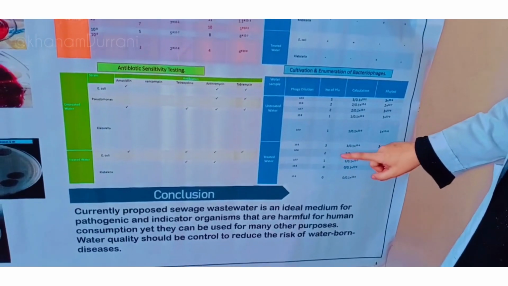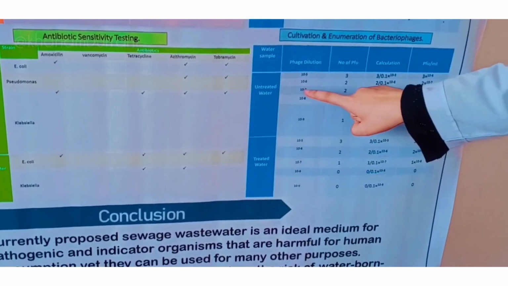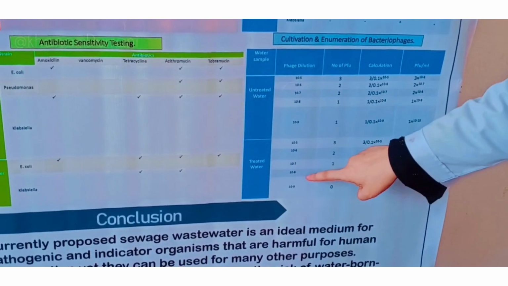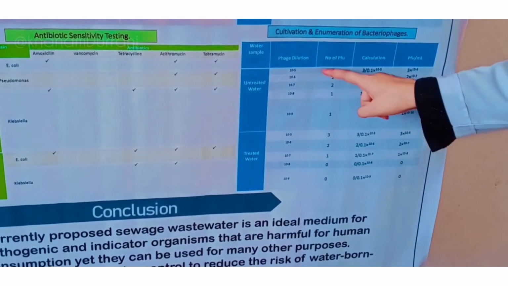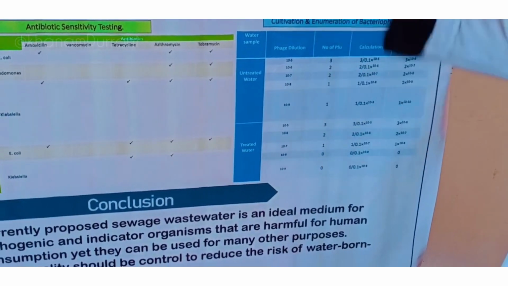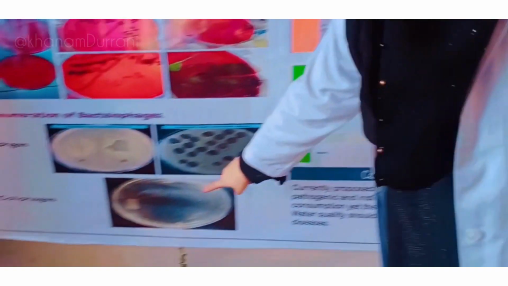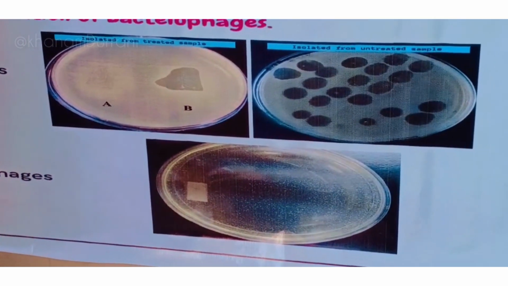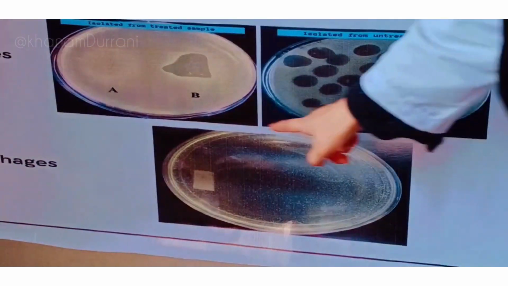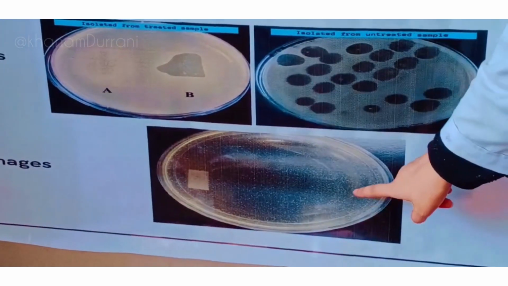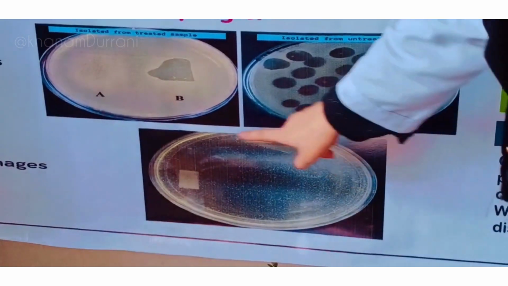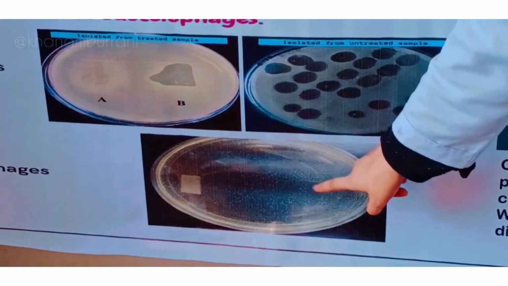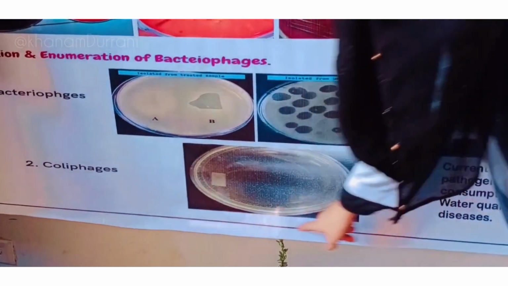As you can see from the results of treated and untreated water, in treated water the number of PFU decreased gradually. Our next step was to cultivate and enumerate coliphages, which are phages of E. coli, and you can see from the results that no coliphage was cultivated, so there was no PFU calculated from this experiment.